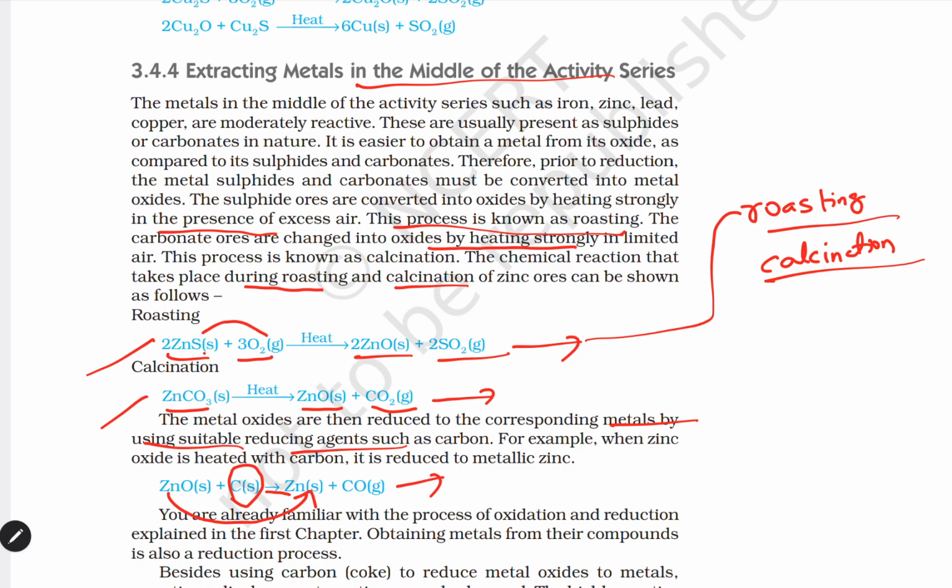We already know oxidation and reduction. If a metal reacts with oxygen, we name it oxidation. In reduction, the material loses its oxygen content. So here ZnO is getting reduced to form Zn. This is a reduction process.